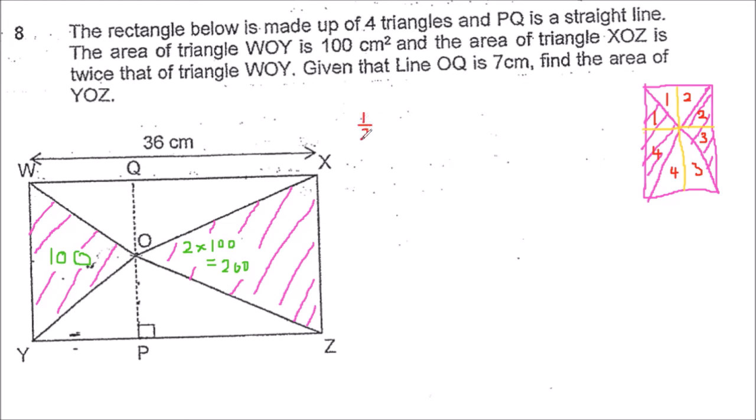So half of the rectangle equals 100 plus 200. That will give us 300. And we know that these two unshaded triangles are also going to be 300.